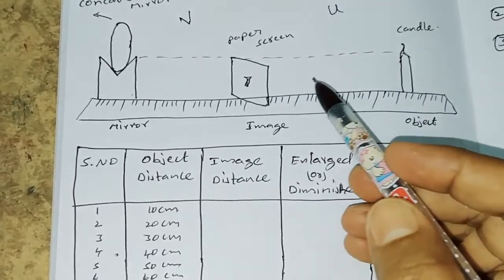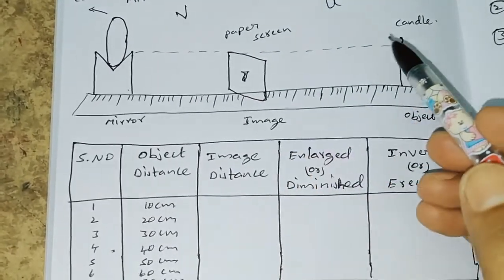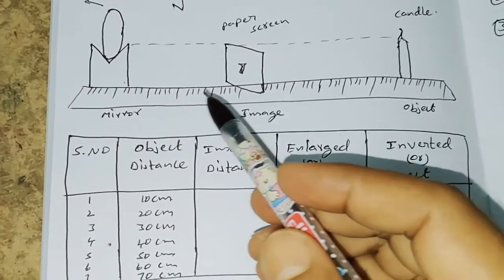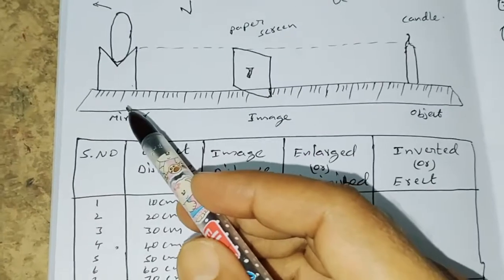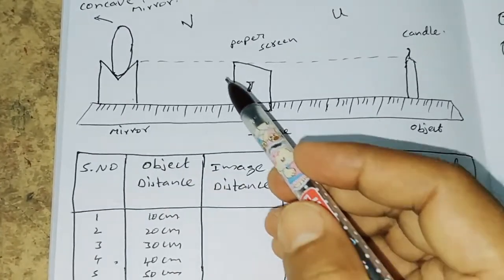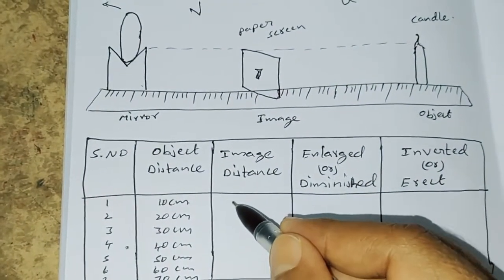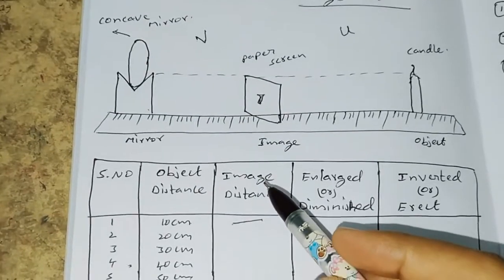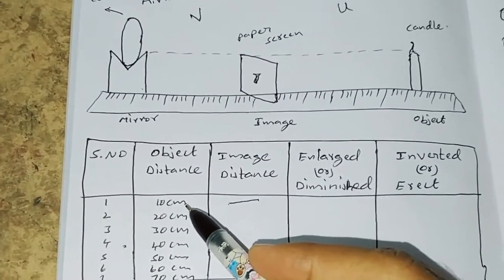Then measure the distance from the mirror to the image. This distance is called the image distance. Note down that image distance value here. That means we are measuring the image distance for a given object distance.